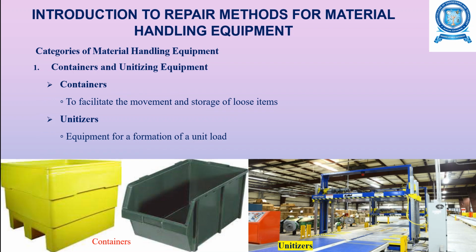So coming to the categories of material handling equipments, you have containers and unitizing equipment, in which you have these containers to facilitate the movement and storage of loose items. You can see here below the containers, and the unitizers, which is nothing but the equipments used for formation of unit load.